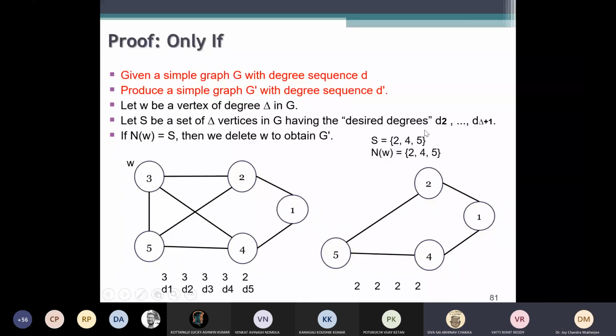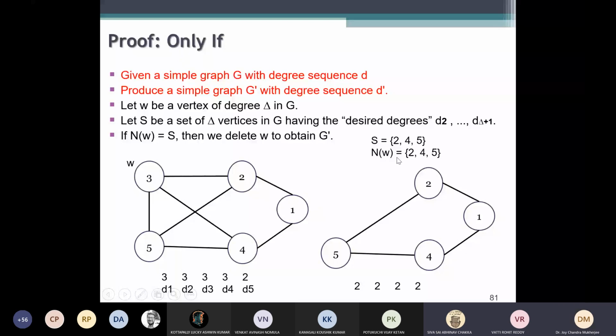In that case, if the neighbor of W is equal to S, so these next 3 vertices are the neighbors of this first vertex, then we can easily produce G prime by removing this one. So this is the simplest case where we choose the right vertex.